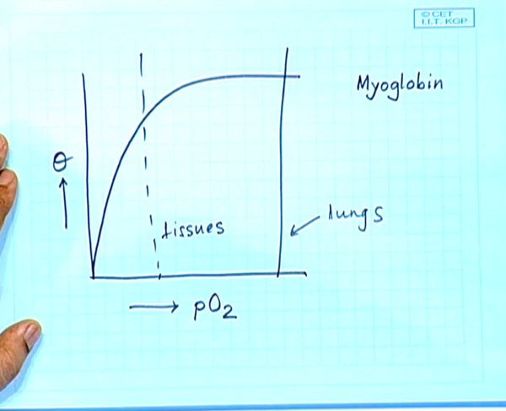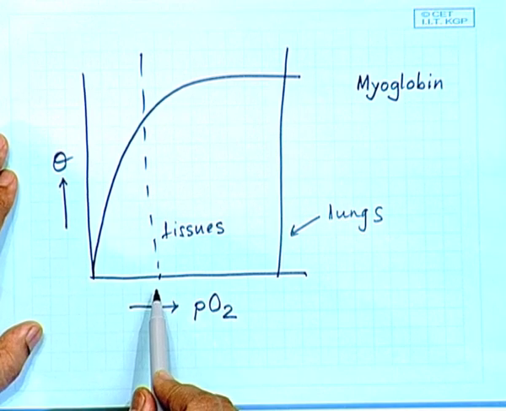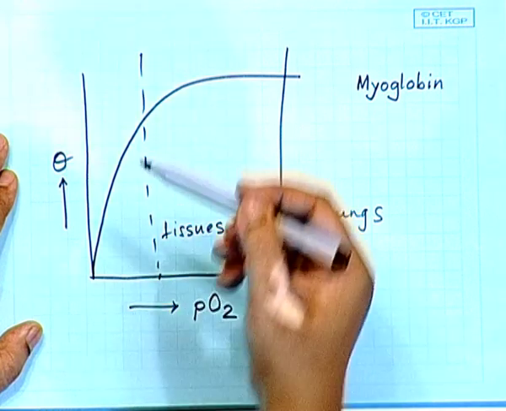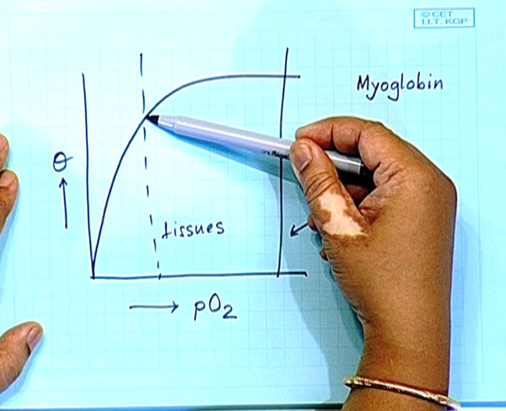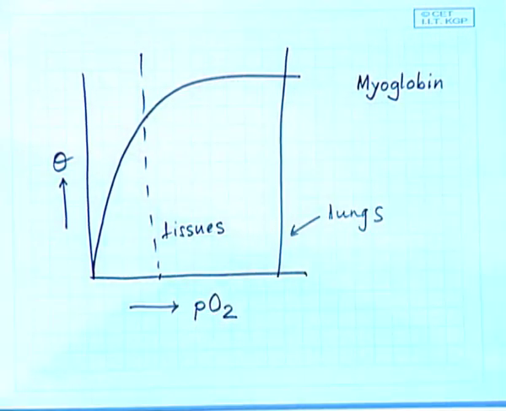So, what can we say? We can say that even when the partial pressure is low, myoglobin will not easily dissociate the oxygen from the heme. Is that clear? So, what are we saying?